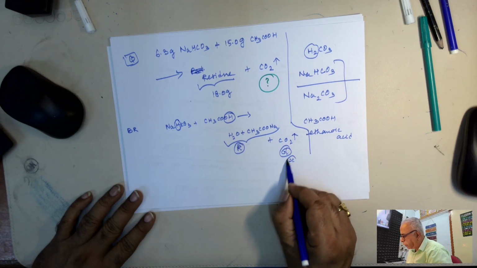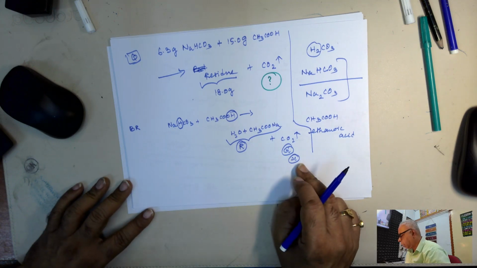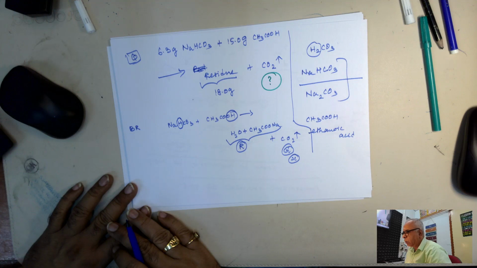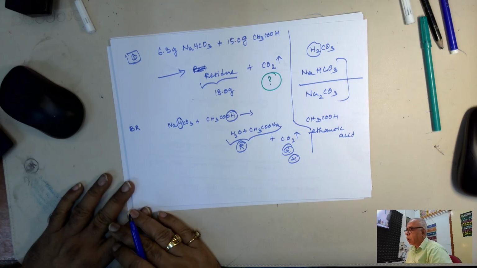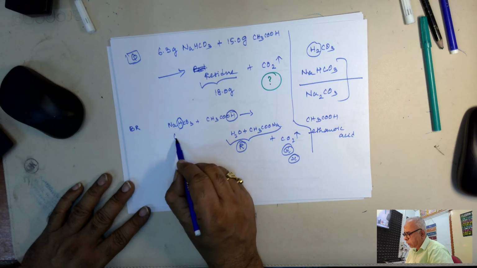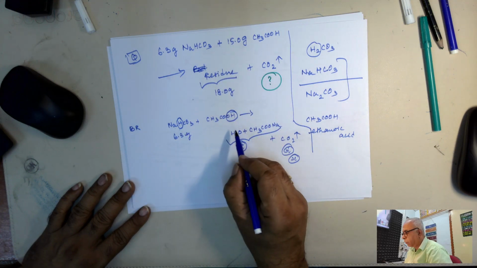Now we are interested to find out the X, that is the amount of carbon dioxide released in air. Got it? Now, what is the mass of this one? 6.3 gram. What about this? 15 gram.